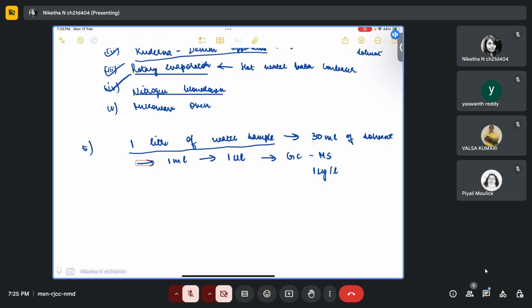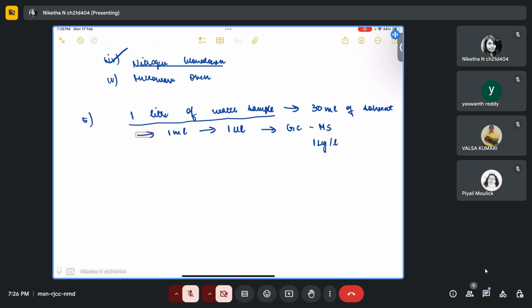For this, we need to understand the process first. Here they are describing how they have done the extraction. They have taken 1 liter of water sample, and to that 1 liter of sample they have added 30 ml of solvent. After that, they have separated this solvent and further concentrated it to 1 ml.